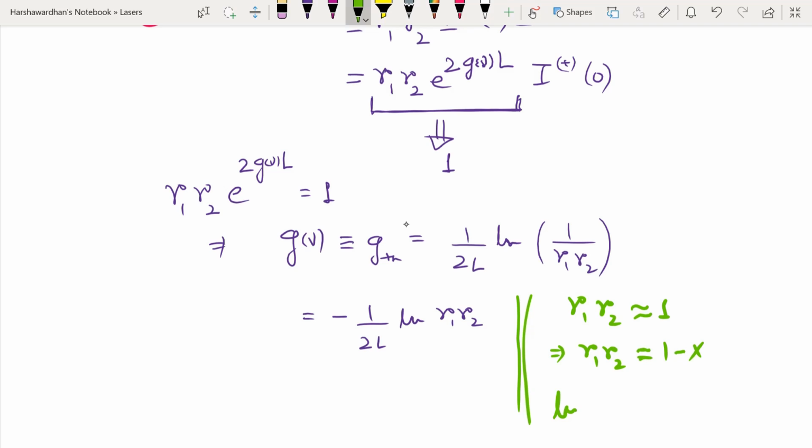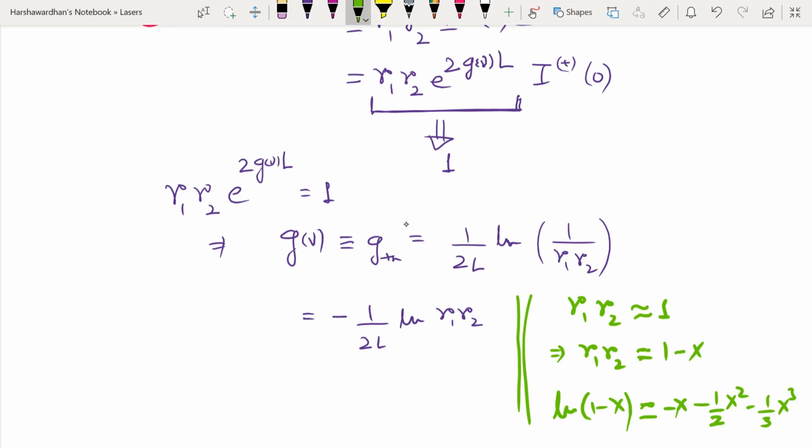Log of 1 minus x, which is log of R1 R2, is basically going to have these terms: minus x for small values of x, minus x square by 2, x cube, and so on and so forth.